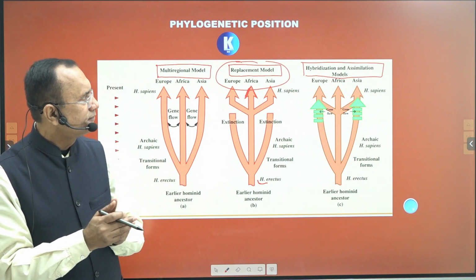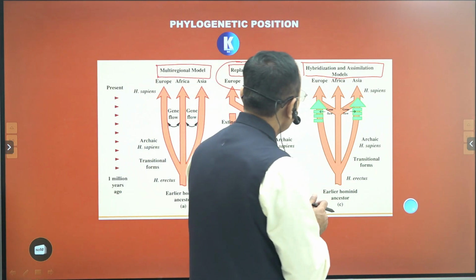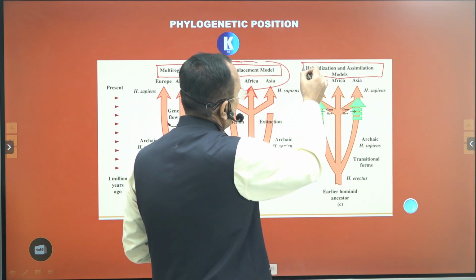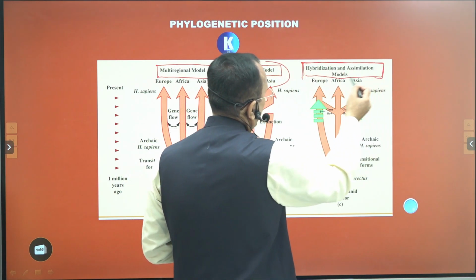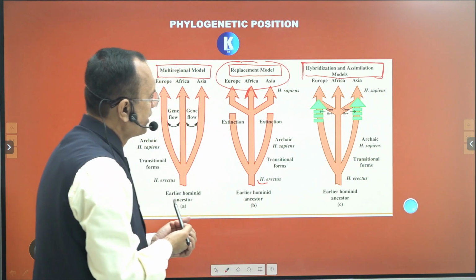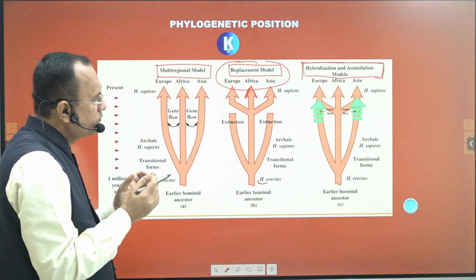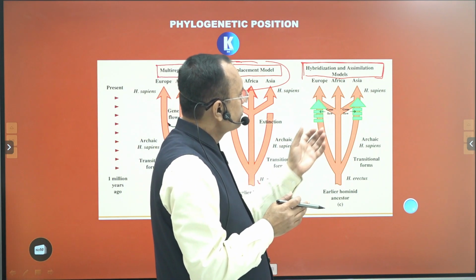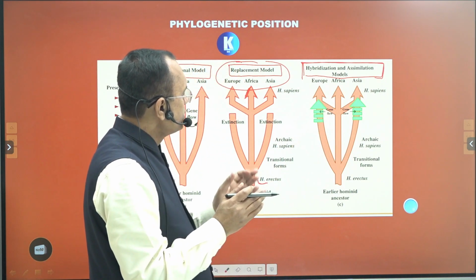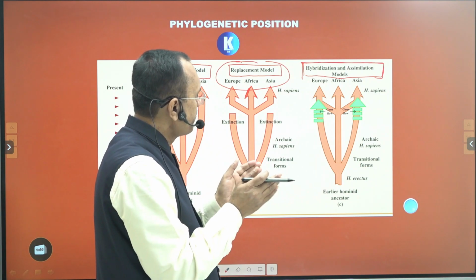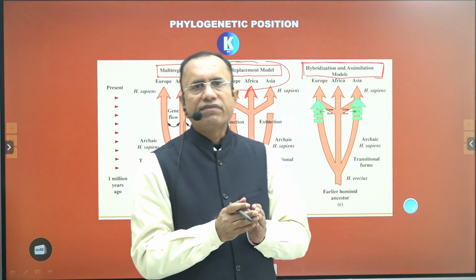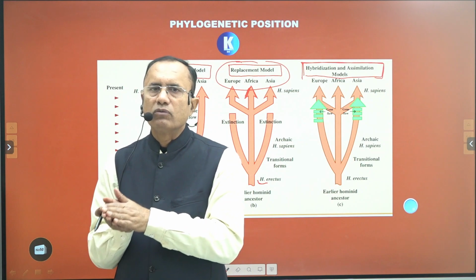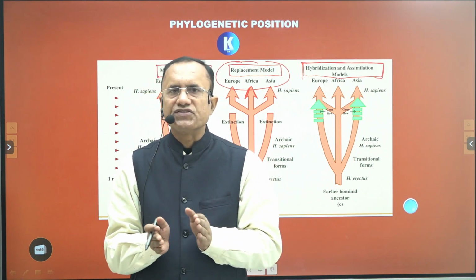But recently, some paleoanthropologists propose a new concept, the hybridization and assimilation model. And in this model, they claim that the evolution of Homo sapiens was due to hybridization and assimilation of different fossils who evolved from Homo erectus to Homo sapiens.